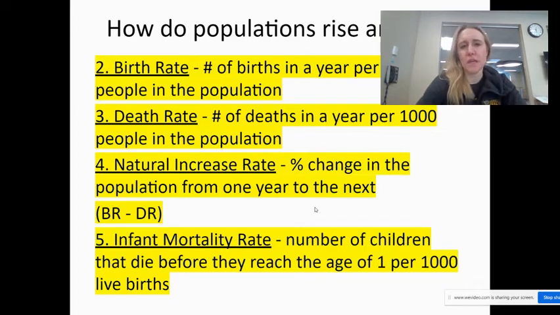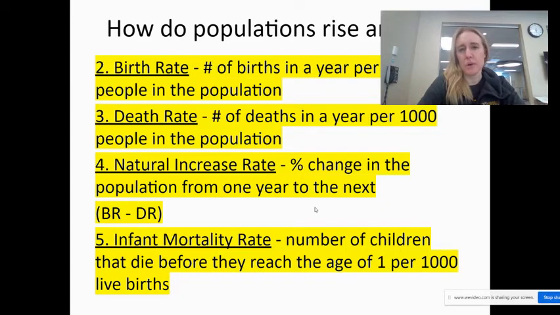Because obviously in a country like China, there are 1.4 billion people, so there's going to be a lot more babies being born in China than in a small country like Australia. But we want to know, on average, are women giving birth to more children in China or in Australia? And the way that we do that is we take a look at the birth rate.